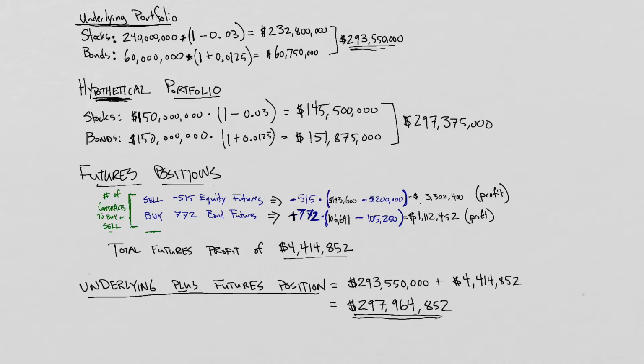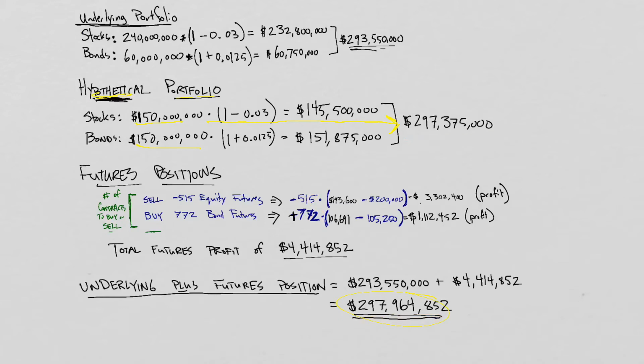And look at how that compares to the value that we would have received with our hypothetical portfolio if we had just sold the stocks to get to 150 million and bought enough bonds to get to 150 million, if we had manually changed our asset allocation instead of using futures to get there. The two numbers are very close together. The difference is basically because of rounding on both of these futures contracts. But the two are very close.